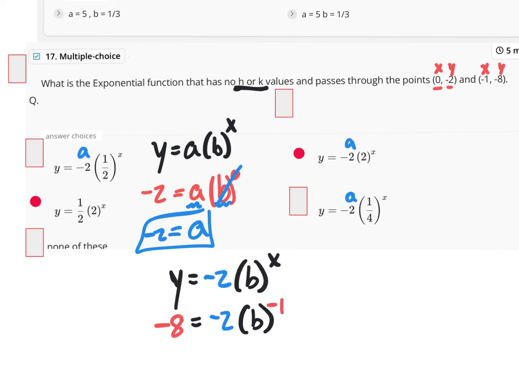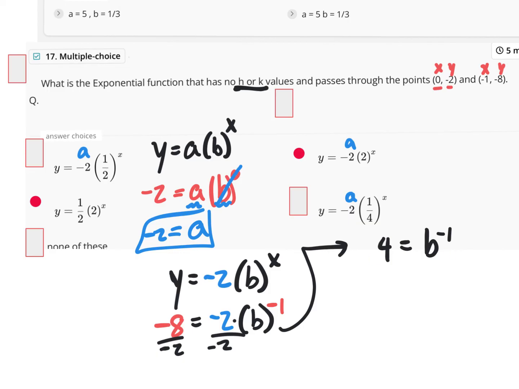We're going to get rid of the multiplication of -2 by dividing both sides by -2. We will get 4 equals b to the -1. And in a previous question, I actually moved this down, made it a fraction, 1 over b to the 1, then multiplied both sides by b. Let me try to show you an alternative route.